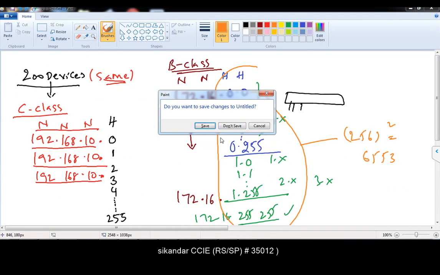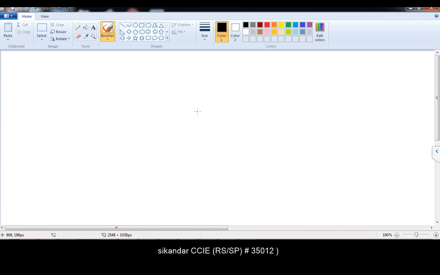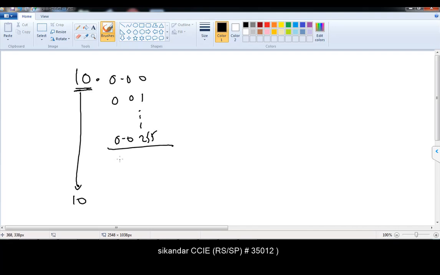In a similar way, you can think about A class as well. If I talk about any A class, I have to make sure that the first portion, 10, stays the same till the end, and I can change from 0.0 to 0.255. Once you finish this portion, you can continue with 0.1.0 and go till 0.1.255, like that till 0.255.255.